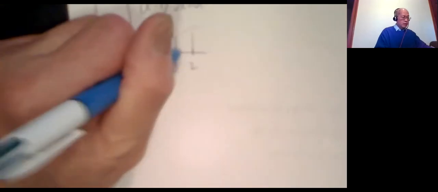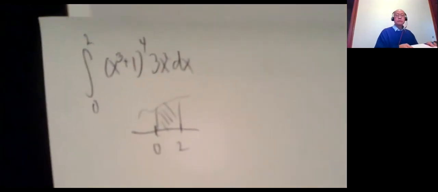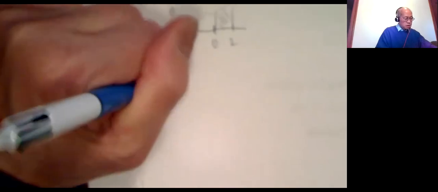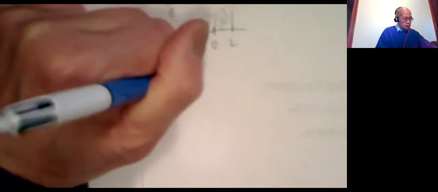So originally on your number line, you're integrating from 0 to 2 some function. You're finding this area, right? Okay, do a u substitution. u equals x cubed plus 1. du equals 3x squared dx.